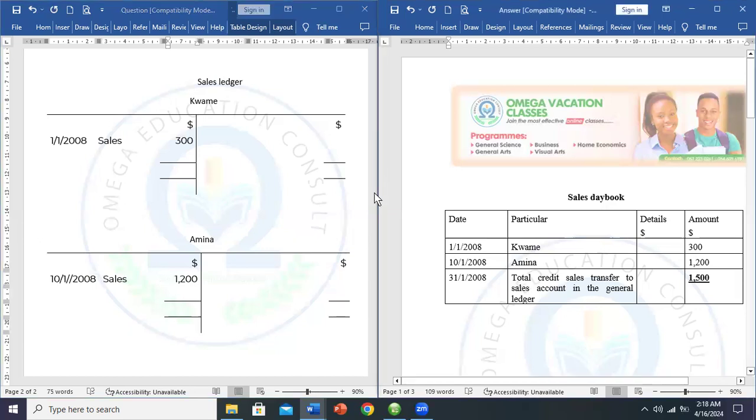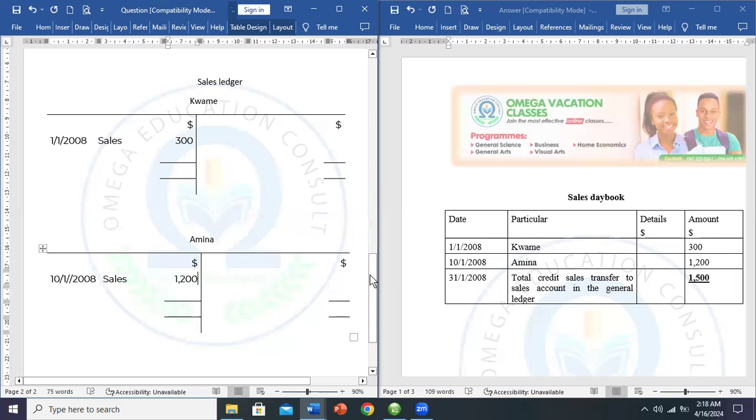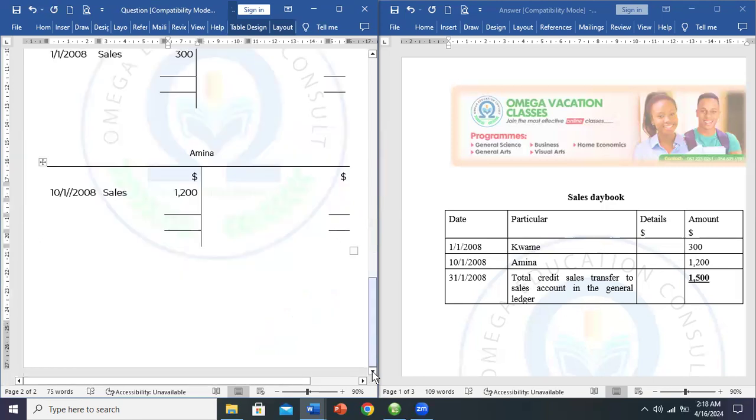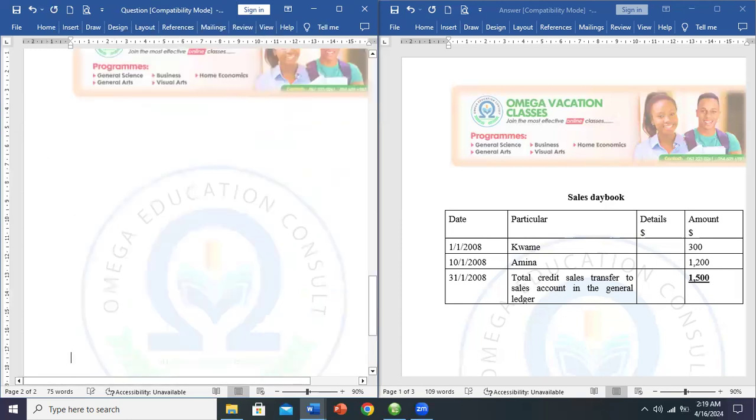So let me move down into my general ledger.